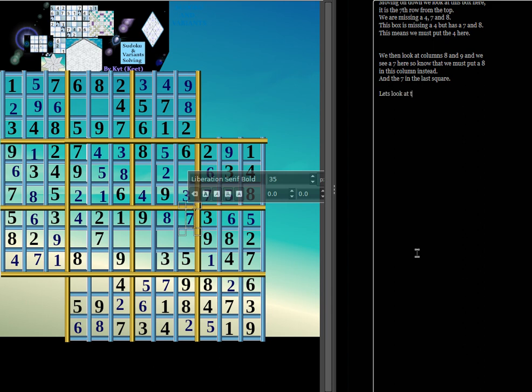Let's look at the ninth row. We are missing a 2 and 6. I see a 2 in that first box.